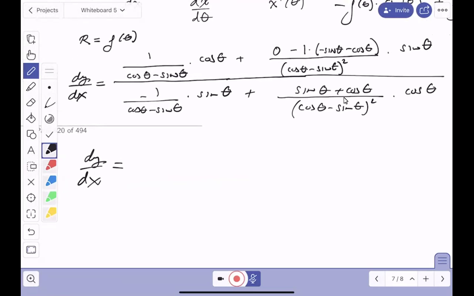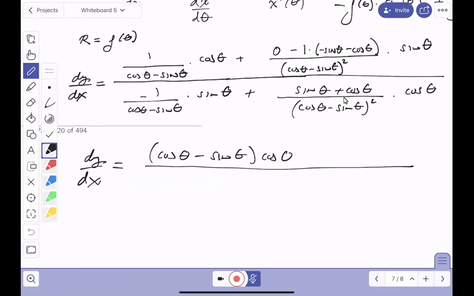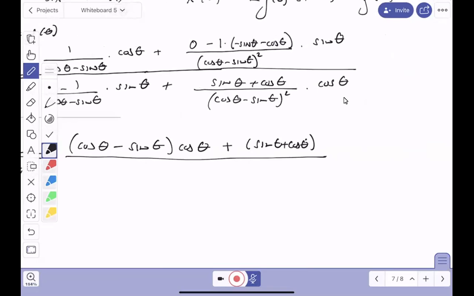So what do I get? You would get cosine theta minus sine theta times cosine theta plus, and what are you going to get over there? Well, you're going to get cosine theta times sine theta.